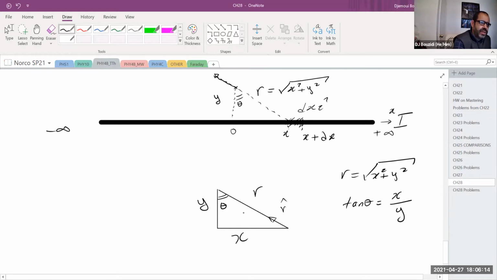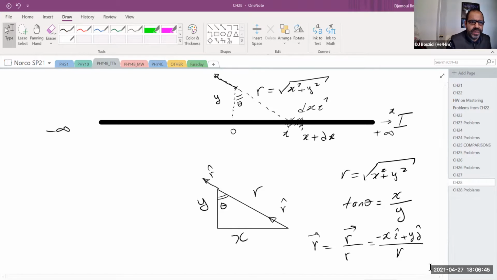You can draw it here or here; it's the same r hat. So r hat is equal to the vector r itself divided by r. And the vector r has an x component in the negative direction, because x is positive this way. So I have to write it as minus x i hat plus y j hat, divided by r, which is that square root.